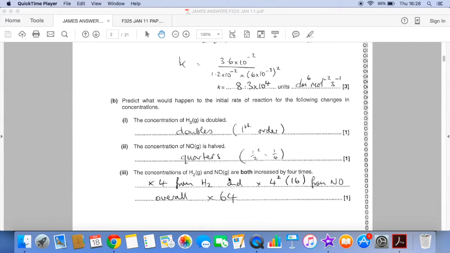And then if both of the concentrations are increased fourfold, we would have a fourfold increase from the hydrogen, but a 4 squared fold increase, so that's a 16-fold increase from the NO, and so effectively it would be 4 times 16, so it would be a 64-fold increase in the rate.